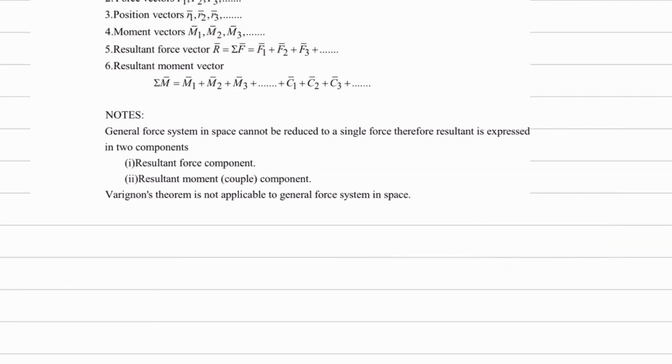Now in case of general force system in space, we have only one thing. What is that? We will get R bar as well as moment vector as well. So here we cannot convert or reduce the system into a single force system only. It has to be expressed in two components: resultant force component and resultant moment couple component.